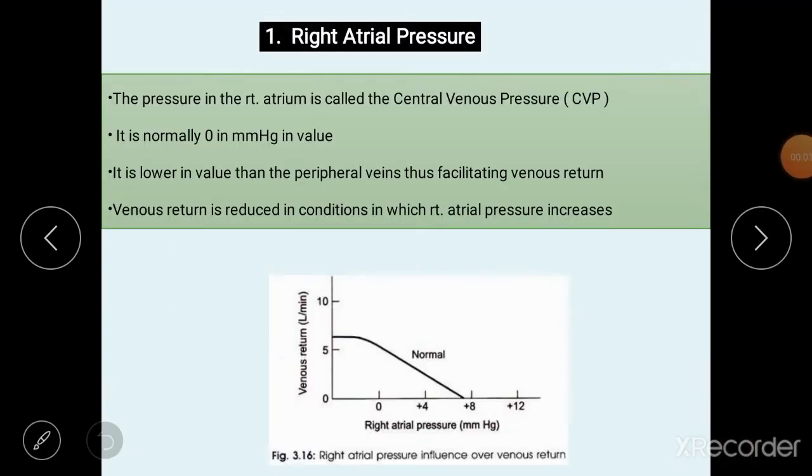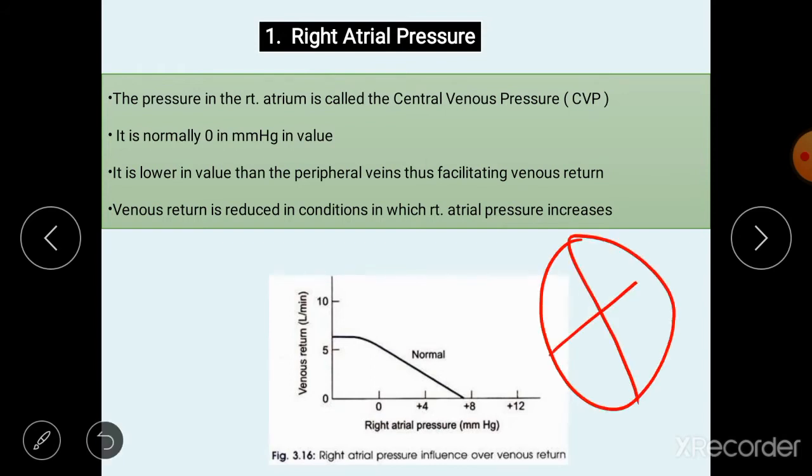So the first factor we should study that affects the venous return is the right atrial pressure. As I mentioned before, the pressure in the right atrium is 0 millimeter mercury, and it is also known as the central venous pressure. We have already discussed this in previous chapters. Why is it known as the central venous pressure?